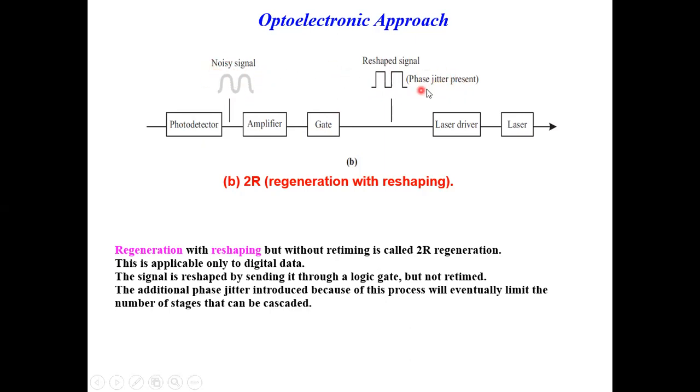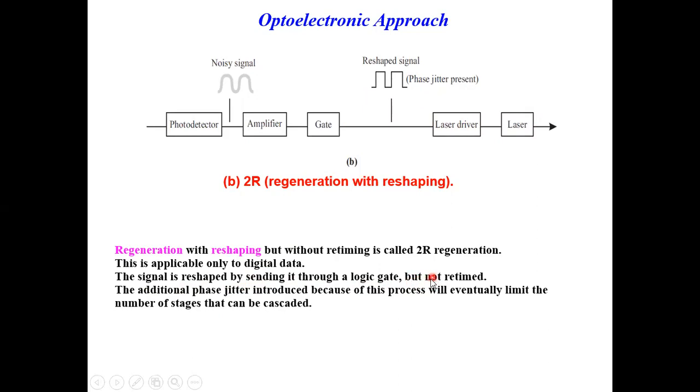In the diagram, the phase jitter is present. That digital pulse is given to a laser driver circuit, and the laser produces the signal at the desired wavelength. Here the signal is reshaped, but it is not retimed.